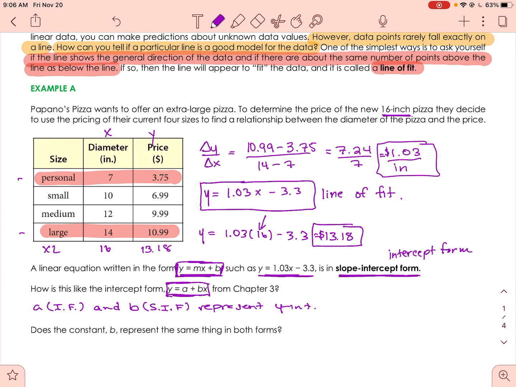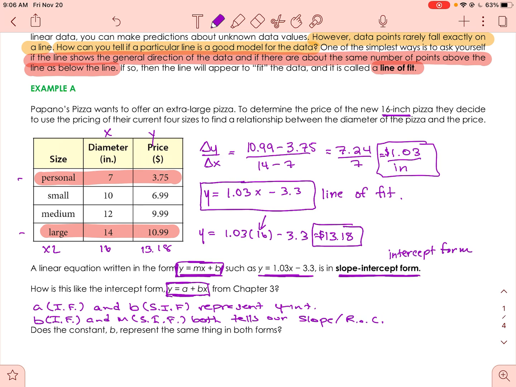So both forms tell us what our y-intercept is. And b in intercept form and m in slope-intercept form both tell us our slope, or rate of change. So they are similar, but the slope-intercept form uses a different letter for the slope and the y-intercept.